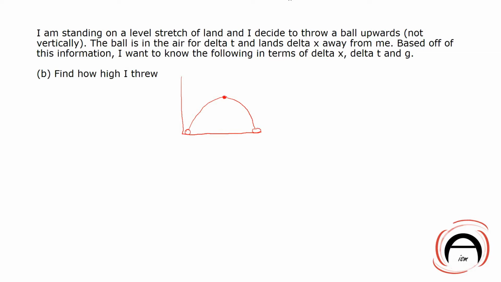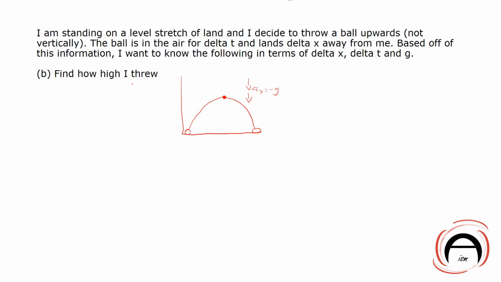Since you have that acceleration in the negative y direction, so ay is equal to negative g, the initial velocity that I threw it at is going to be decreasing as it goes, and then it's going to hit 0 right at this point, and then it's going to switch to negative. So it's going to be moving in the negative direction for the second half.